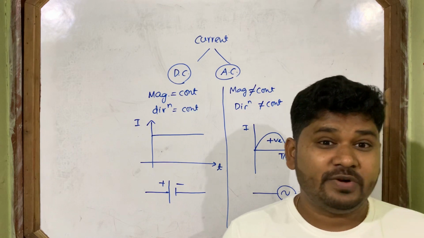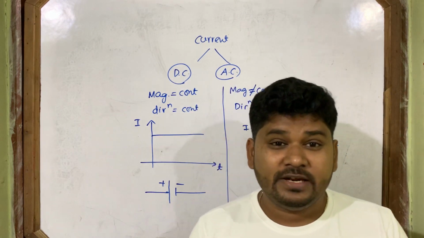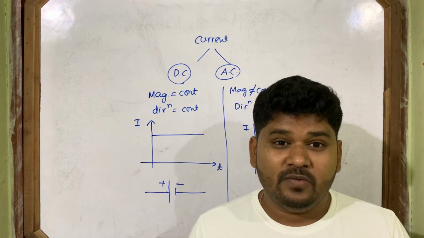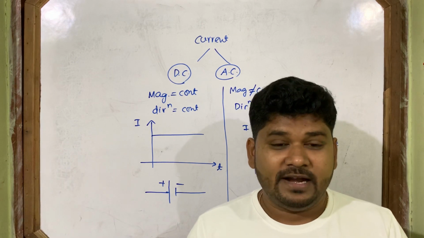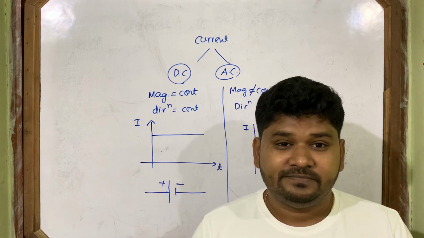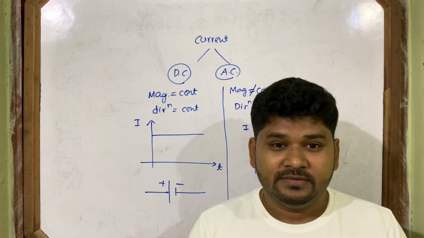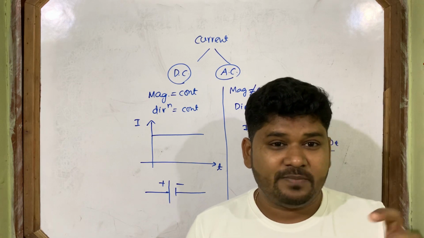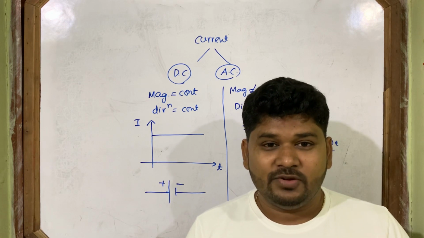When film directors do the shooting, they take one big direct current supply cell. That's one vehicle. You might have noticed the power supply vehicle traveling on the road.